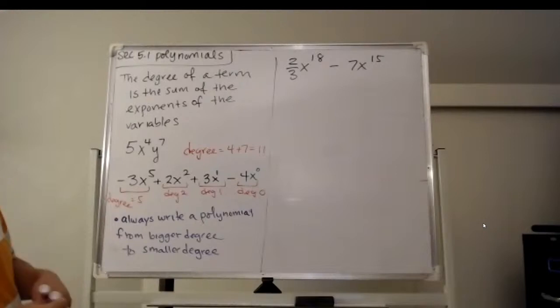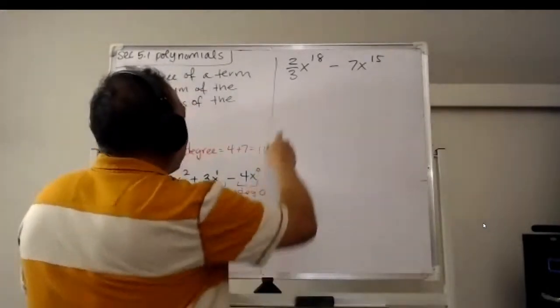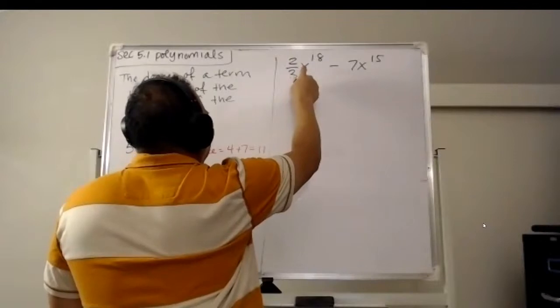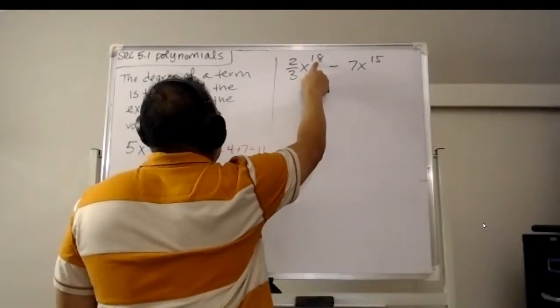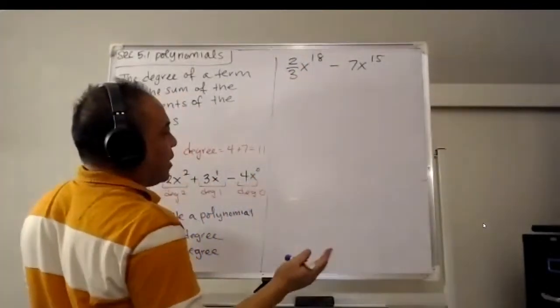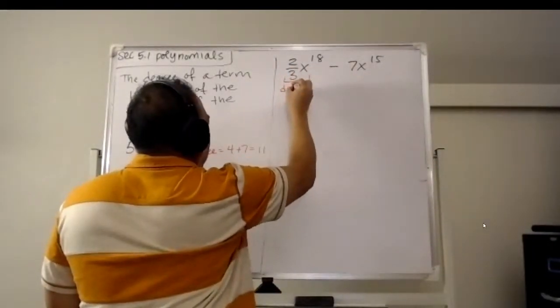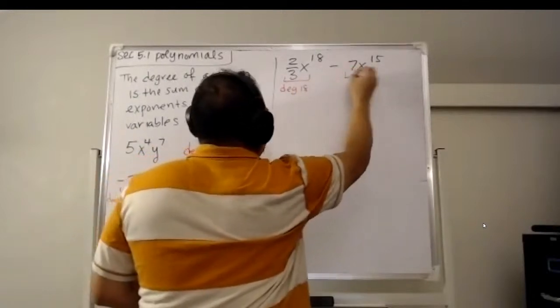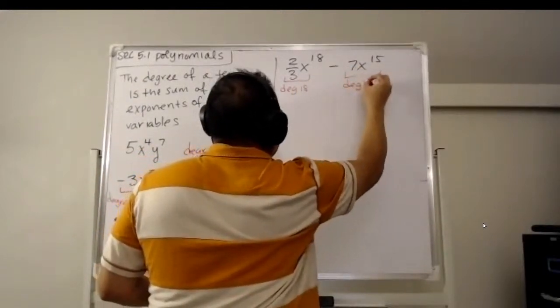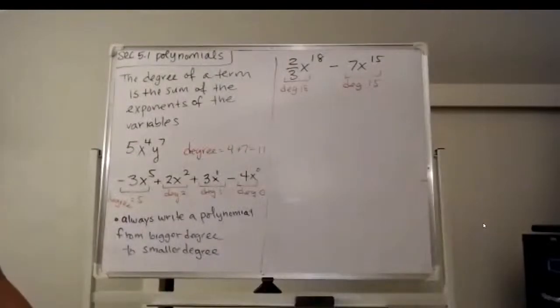As long as it has the form of any number, variable, positive exponent, I'm okay. This term is degree 18, and this term right here is degree 15. I see, thank you.